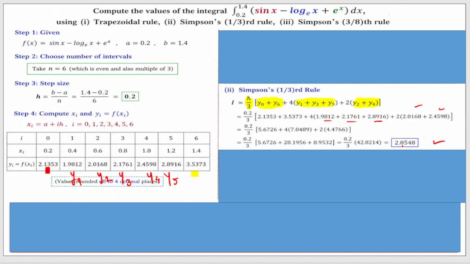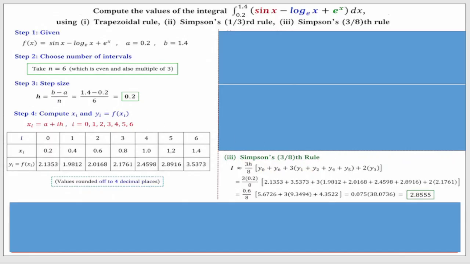Right? Now we will move to the next rule, which is Simpson's 3/8 rule. In Simpson's 3/8 rule, we know the formula is 3h upon 8. Starting with 3h upon 8, this is capital X, first and last, y0 plus y6, plus 3 times the remaining, plus 2 times only the multiples of 3, right? Only the multiples of 3, meaning among y0, y1, y2, y3, only y3.